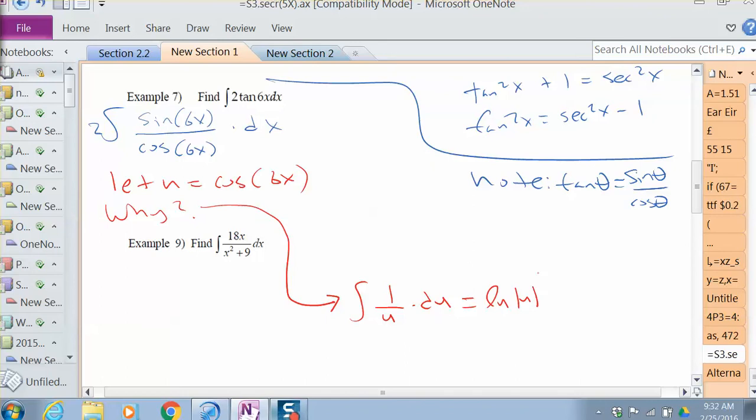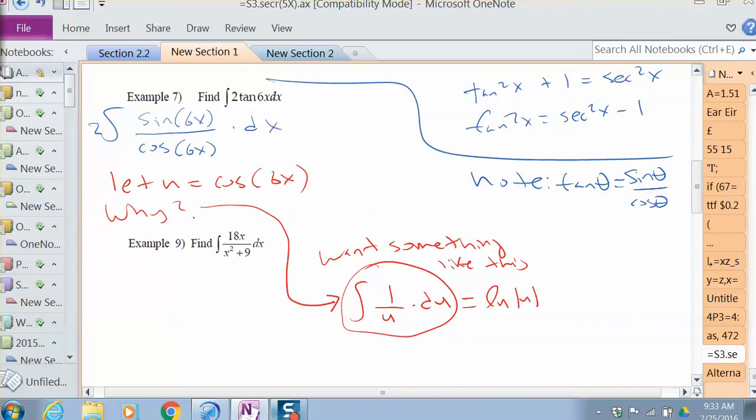So that's why I chose to let the denominator equal u, because the hope is that if that's all I have left, I want to get something like this, because then it's easy to take the antiderivative. We know the formula is just natural log of absolute value of u. So that's why I chose u to be cosine 6x.